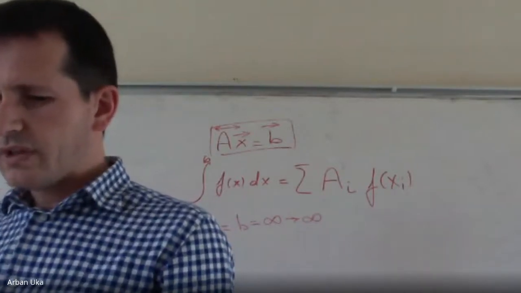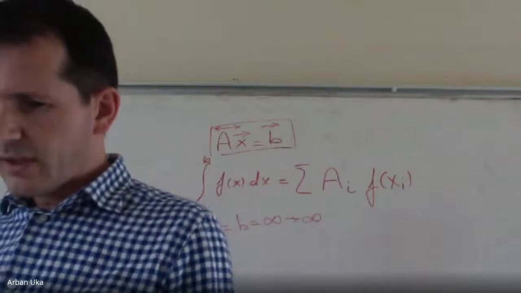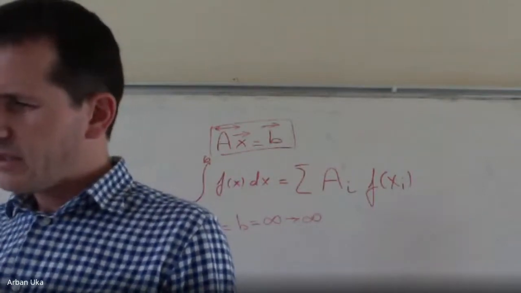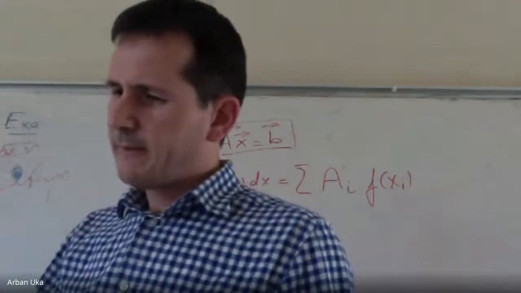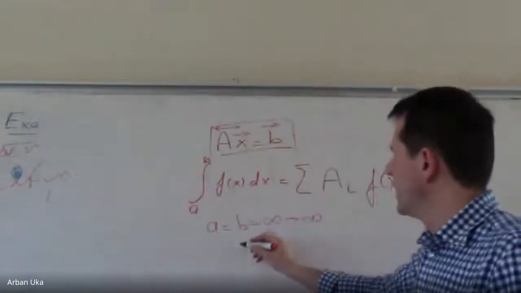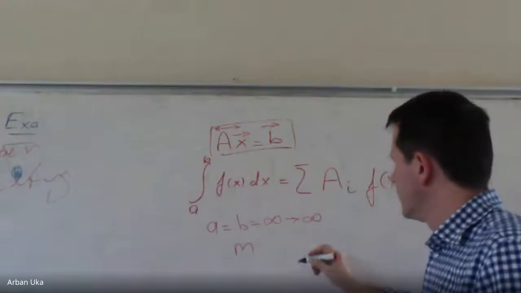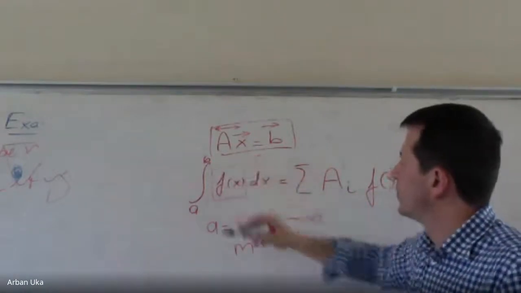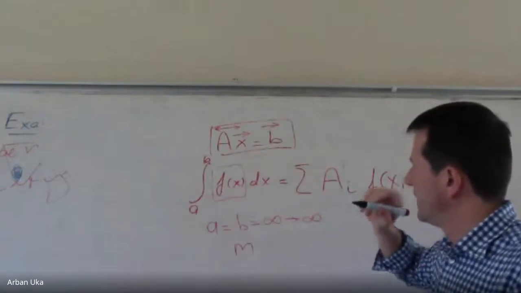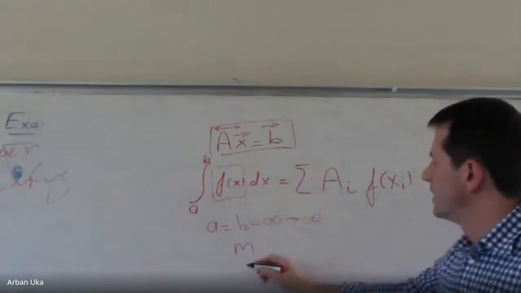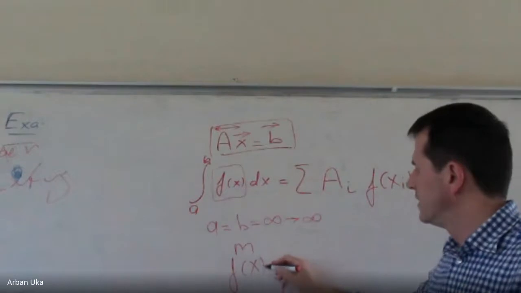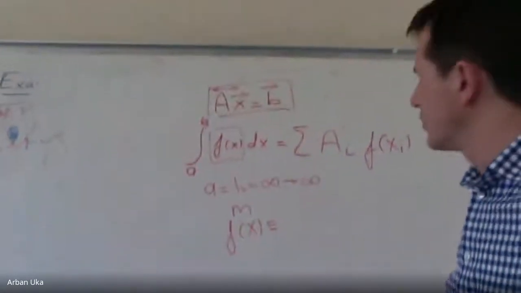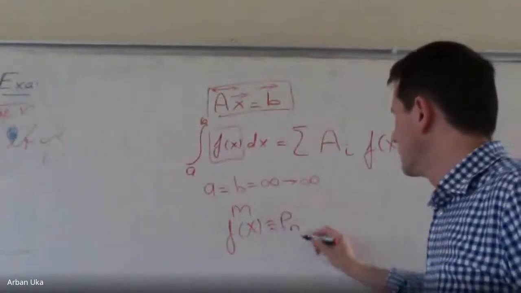So when we had these methods, we had an essential relationship, which was finding the relation between m and n. If this f of x was a polynomial of degree n, then f of x is equivalent to a polynomial, let's call it Pn, okay?